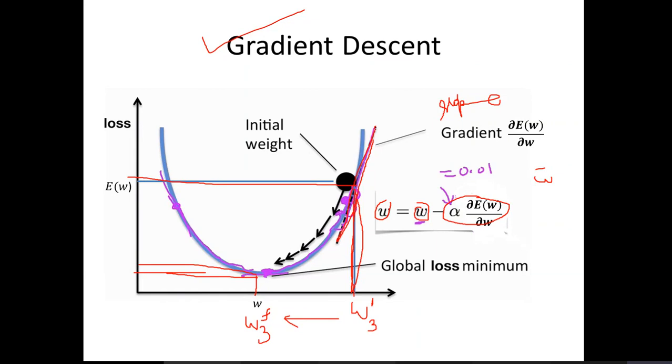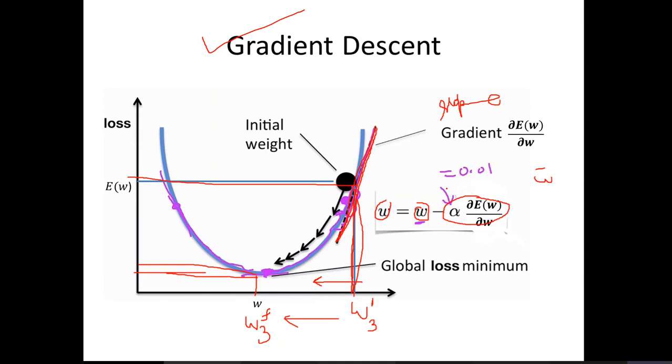Basically, the authors looked at the reality that the slope of this line here is positive. So alpha into a positive value results in a positive value, and W minus a positive value will result in the reduction of W, and this W slowly moves towards this side.